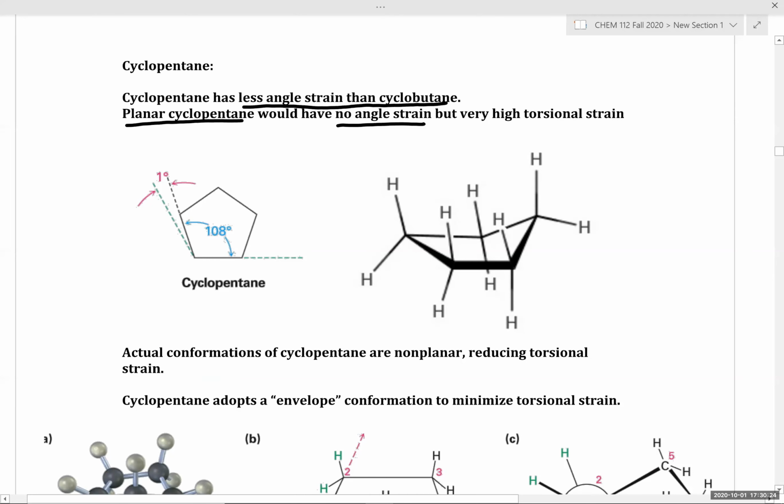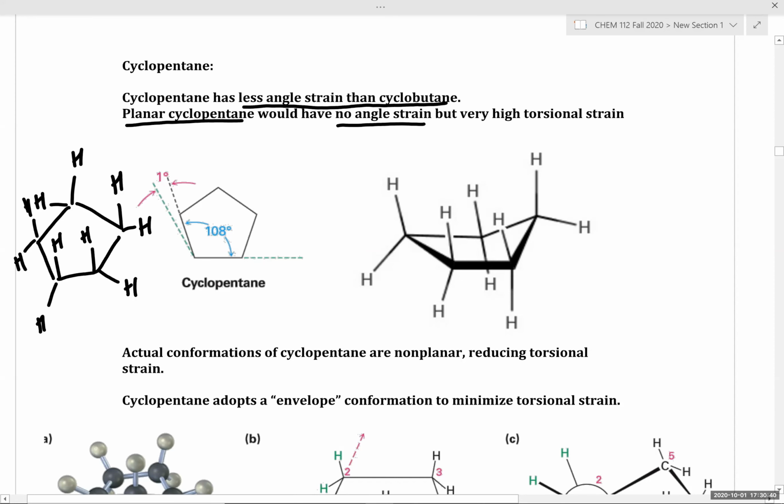Now, that sounds good, but remember, when we have a planar system and we've locked all of our hydrogens into this planar conformation, we end up with a huge amount of torsional strain. So the actual conformations of cyclopentane are non-planar. This minimizes our torsional strain.